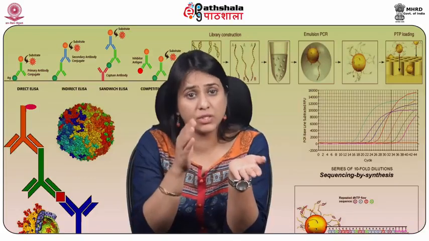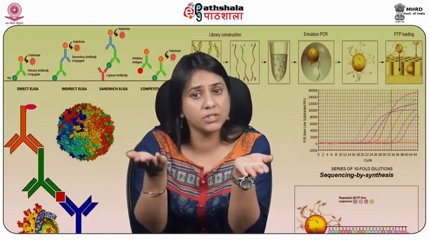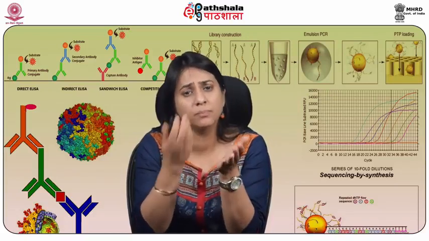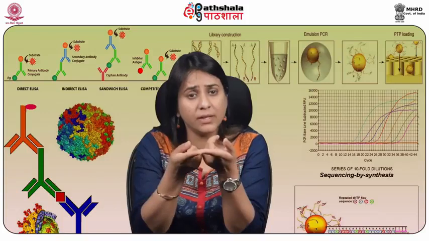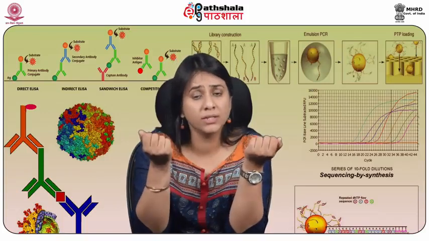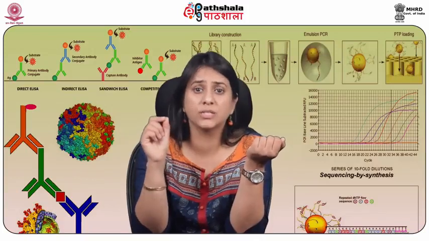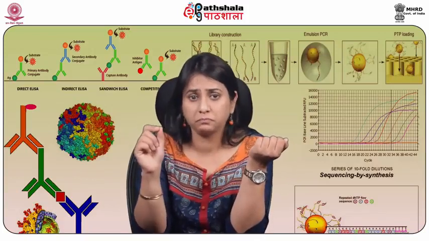On hybridization with a probe in solution form, the hybridized target nucleic acid can be easily measured by color development, fluorescence, luminescence, or radioactivity, depending upon the label attached to the probe.